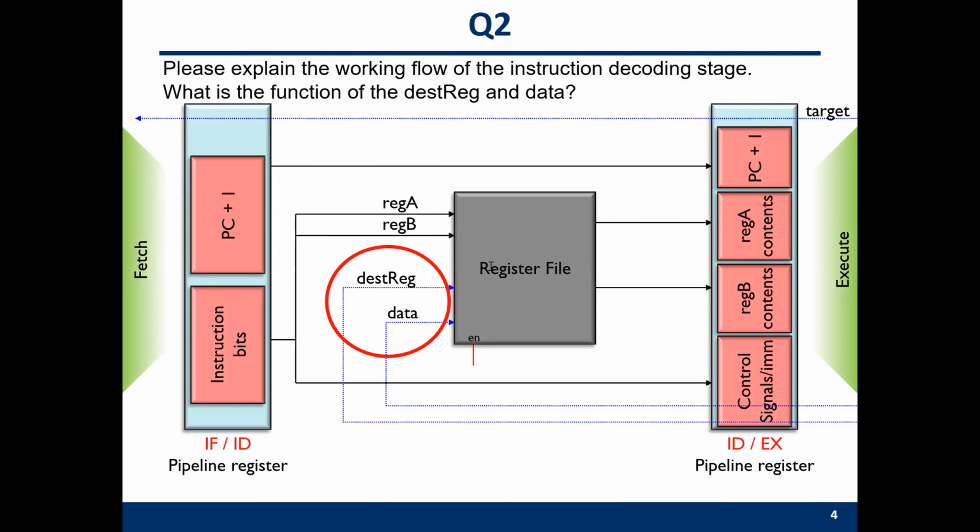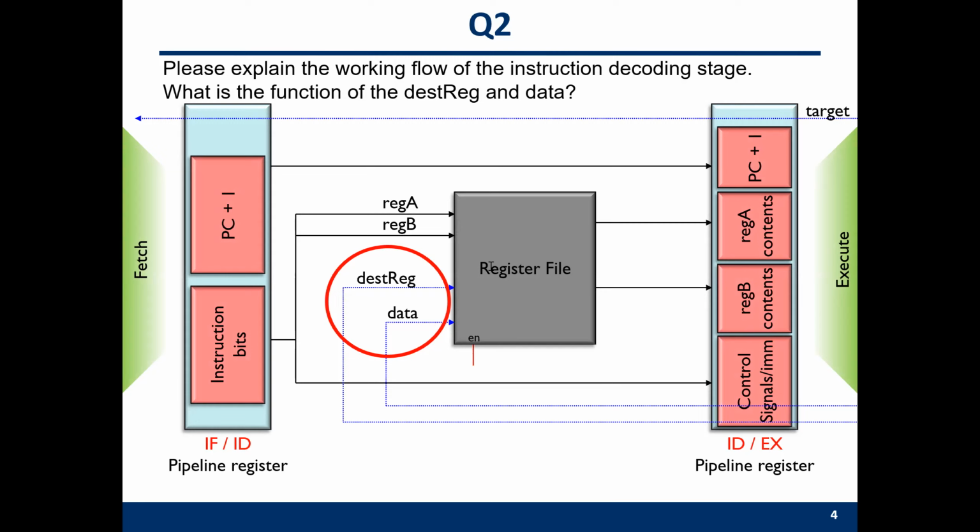This is the instruction decoding stage. And this is the register file. You can read the registers from this file. For example, if you compute something like this, during the instruction decoding, you can read the values of A and B from the register file. And then these two lines indicate that you do the write back.